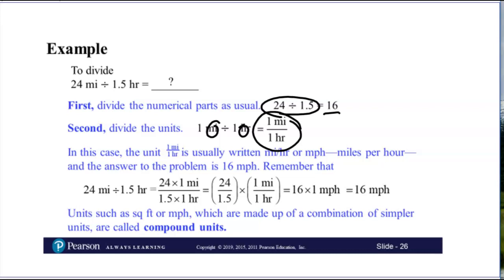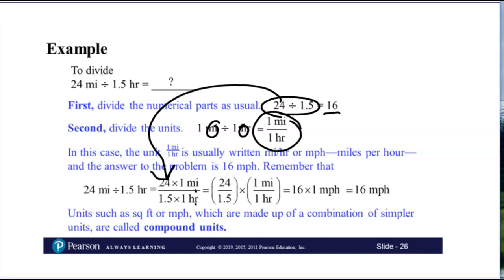The way that this problem is set up is as a division problem. Same thing as up here, except for doing it this way, and this is going to be very helpful, like I said, later on. 24 divided by 1.5, and then it is going to be multiplied to get our units of miles per hour.